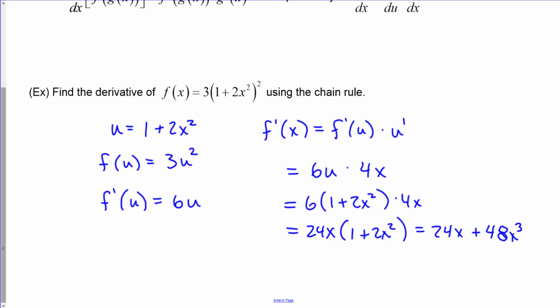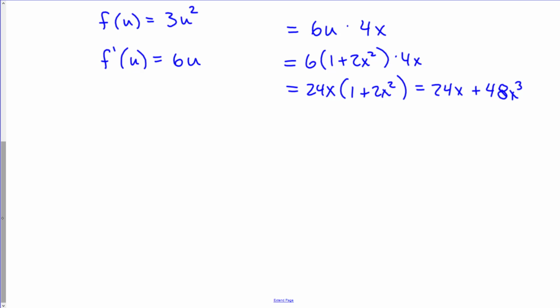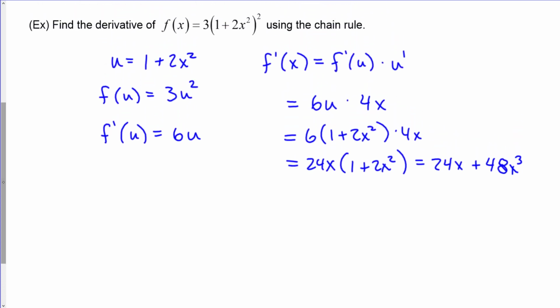Now, I know that the chain rule can be a little bit overwhelming at first, but here's what I want you to be able to do. So I have the function f of x, which is 3 times some inner function, 1 plus 2x squared, squared.